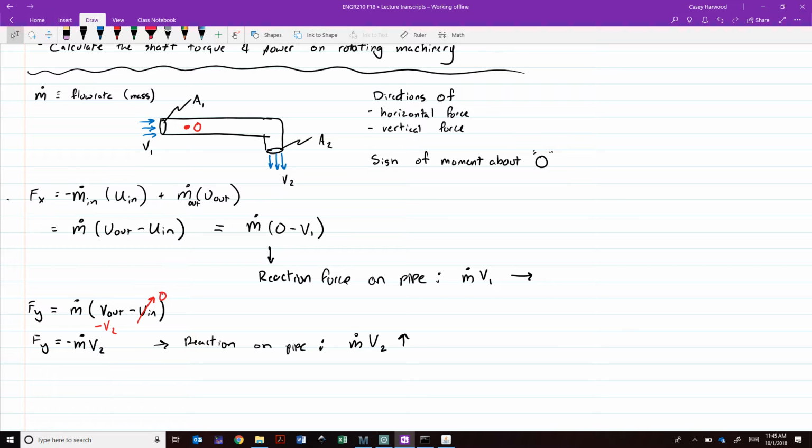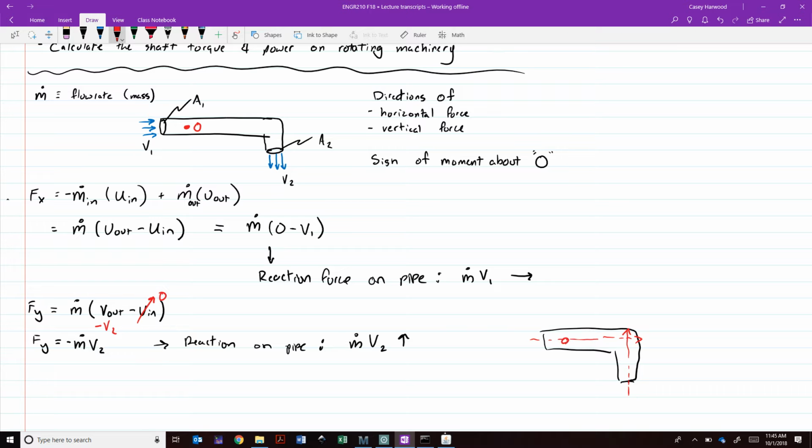Well, at this point, it's just a matter of a free body diagram, right? Where you would say, if we've got our pipe, we've already established that there's a reaction force occurring along this line of action, okay, and a reaction force occurring on this line of action.